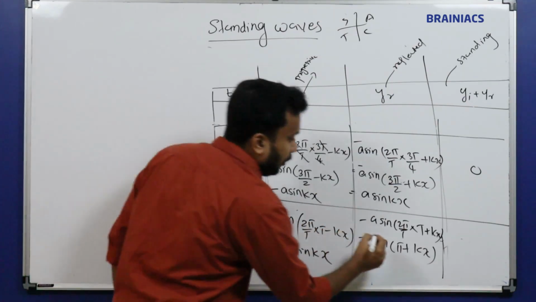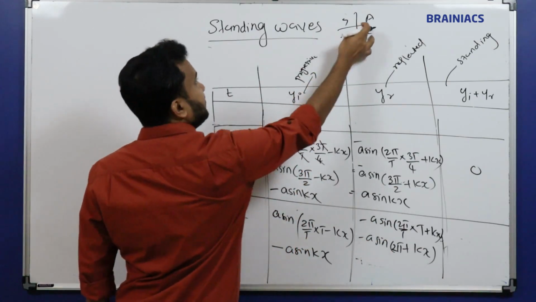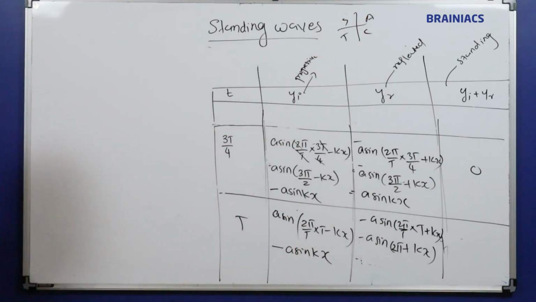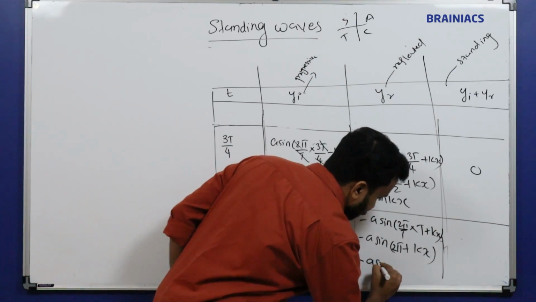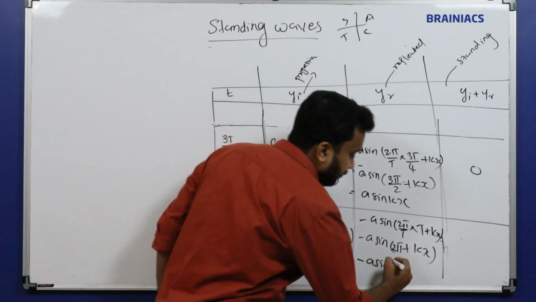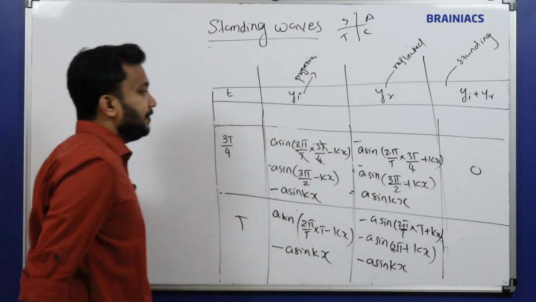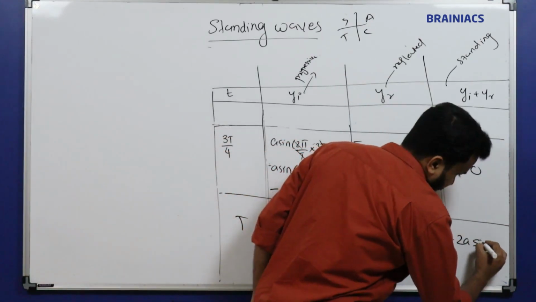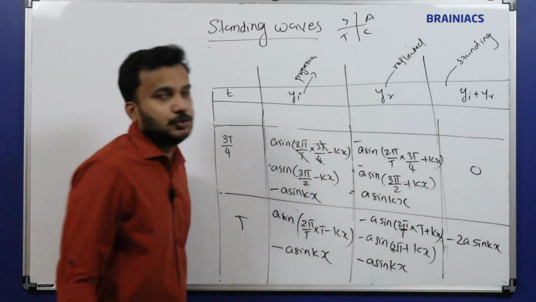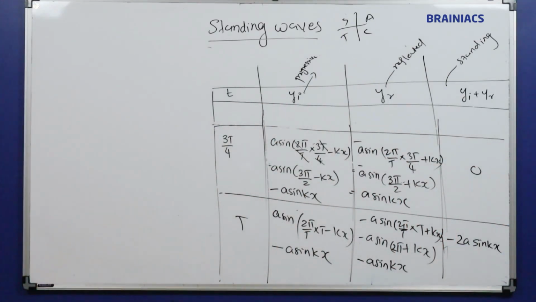Sorry, not pi plus, 2 pi plus, which is in the first quadrant. First quadrant it is positive. Positive, with the negative already there, so the resultant becomes negative a sin kx. If you add these two, what will you get? Minus 2a sin kx.